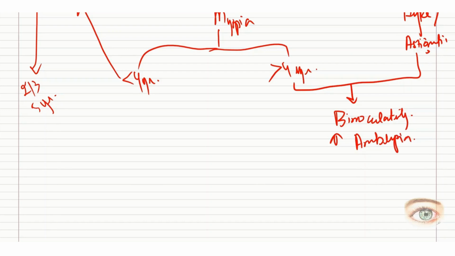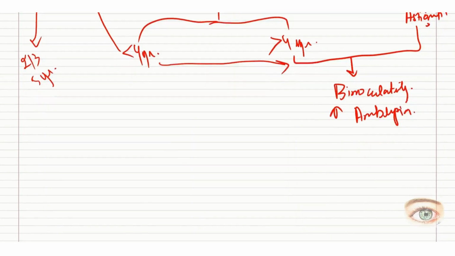right? So you cannot ignore anisometropia. Also, if the myopia is less than 4 years, there is also some risk of amblyopia present. So in both cases, you are going to evaluate for binocularity and amblyopia and all the motor functions, right?